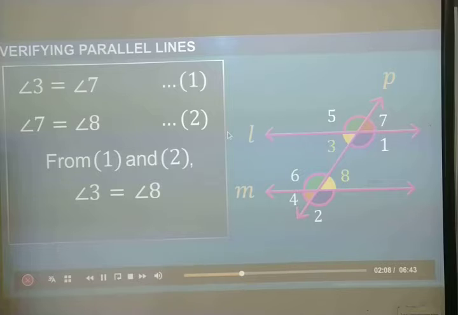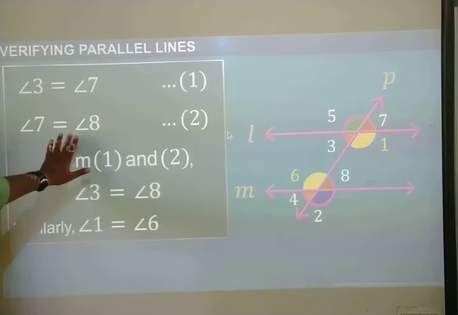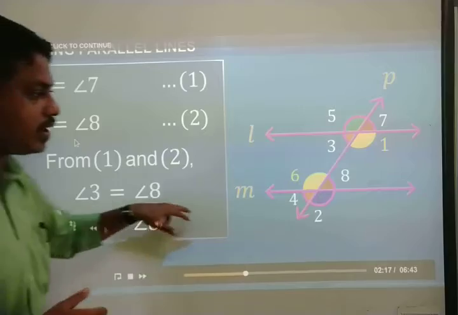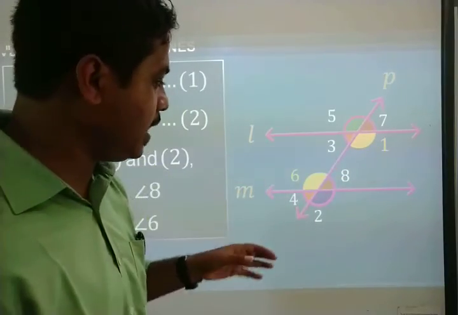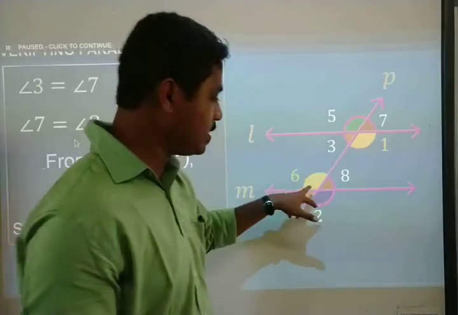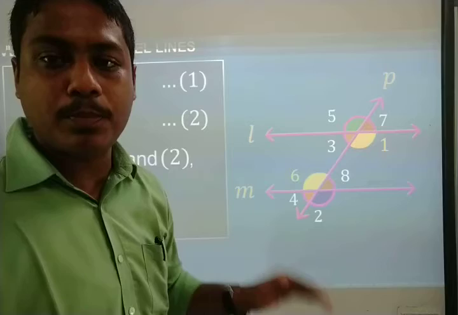And these two angles form a pair of alternate interior angles. Similarly, angle 1 is equal to angle 6. So these are the alternate interior angles. If you consider angle 1 and angle 6, this also will be equal because of the alternate interior angles property.